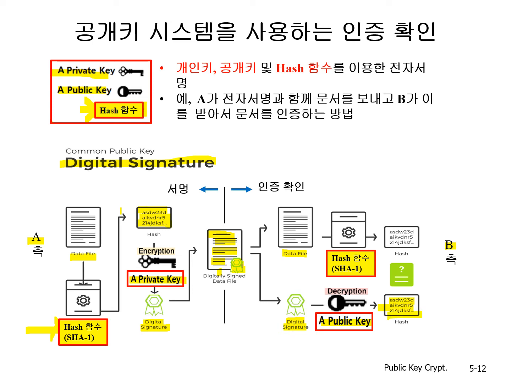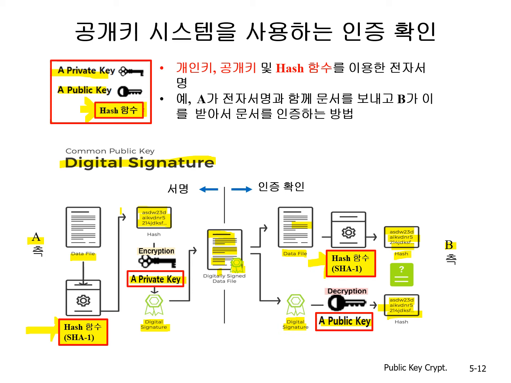For the data file, Bob applies the same hash function SHA-1 and generates a hash value.